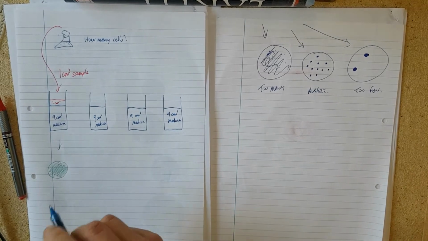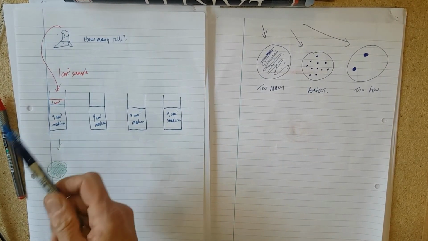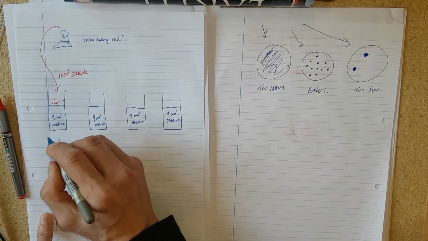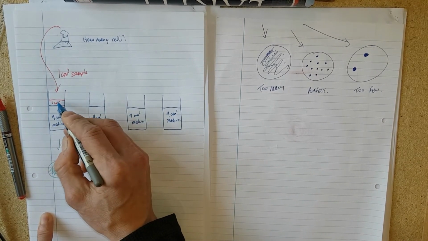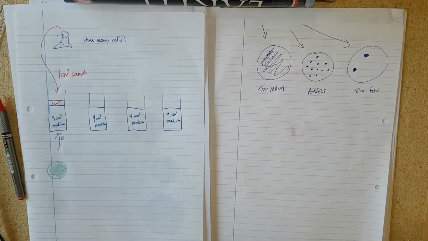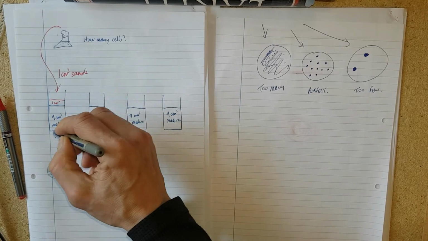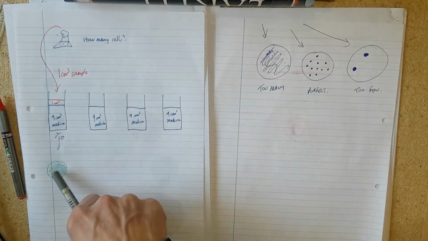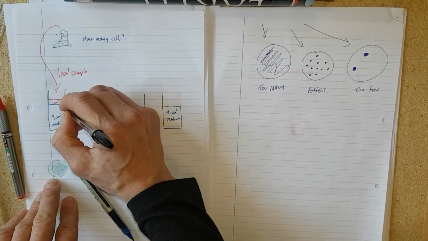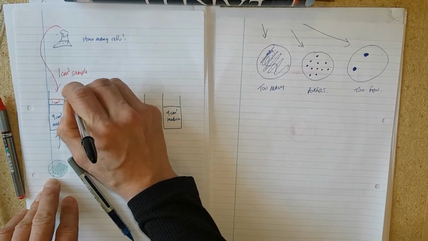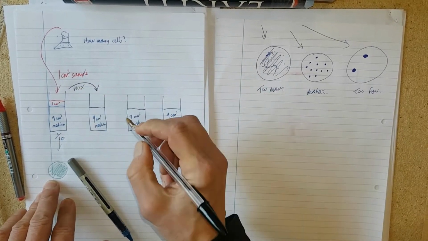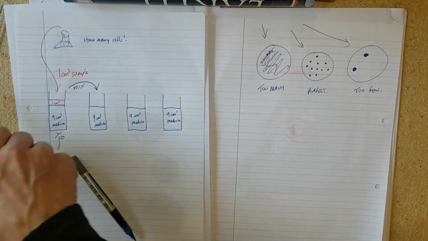Okay. And then this first sample, where we had 1 of culture and 9 of medium, is like a 10th dilution. Then we mix that up, and then put that into the next one.